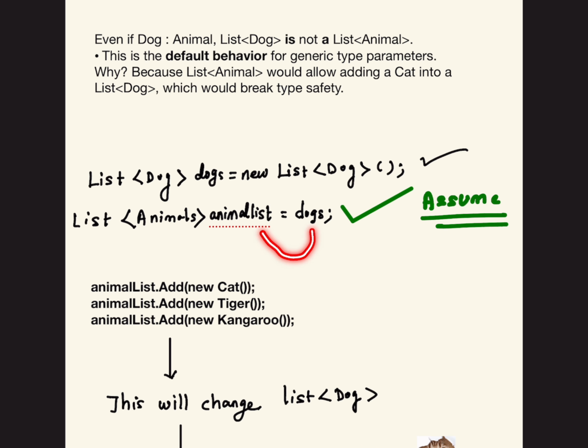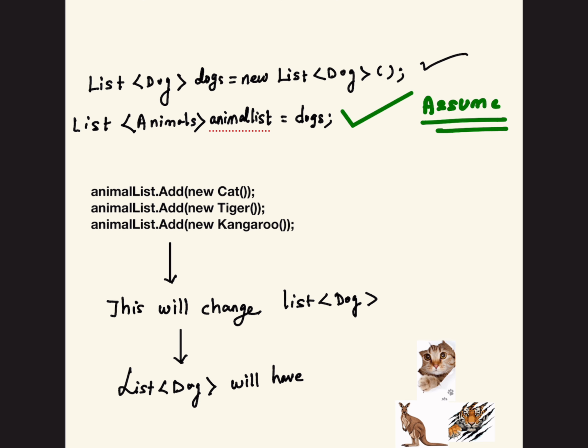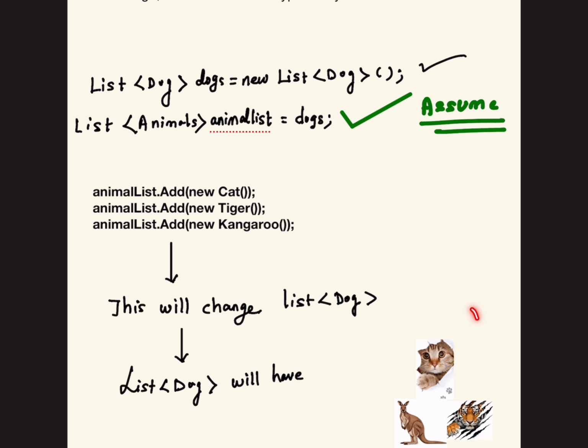Imagine that the dogs list has been assigned to this animal list, both pointing to the same reference. Now if I modify anything in the animal list, that is going to affect the dogs list, right? So I added cat, tiger, kangaroo in the animal list, and that impacted my dogs list. So in the list of dogs you are seeing these animals, which is completely wrong. So how to solve this?